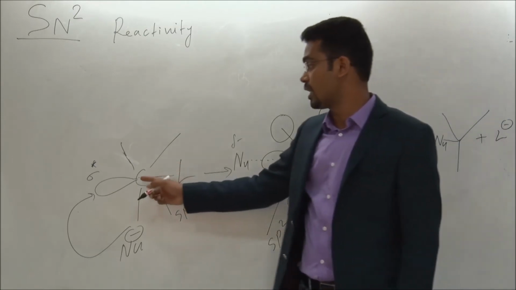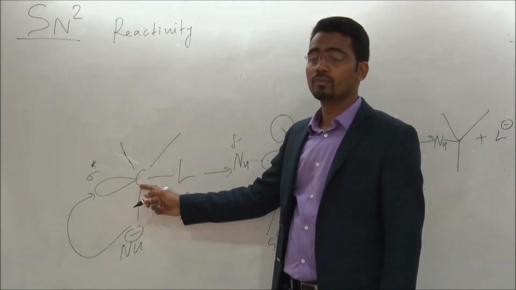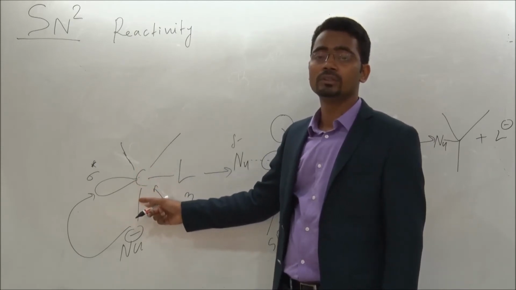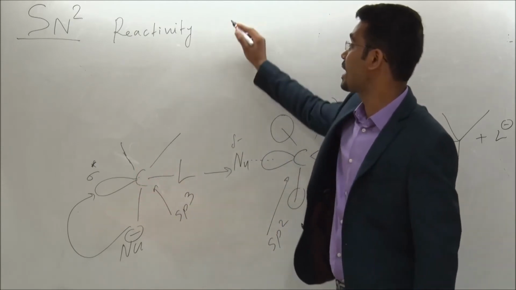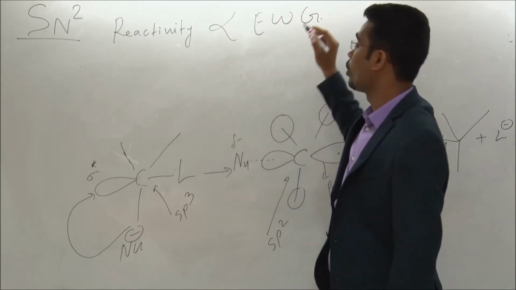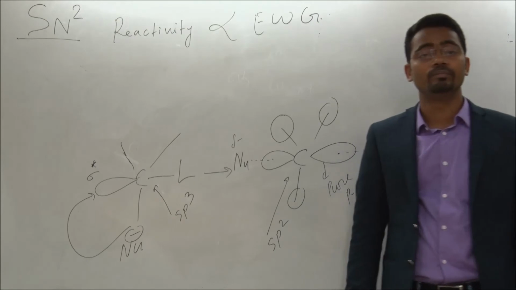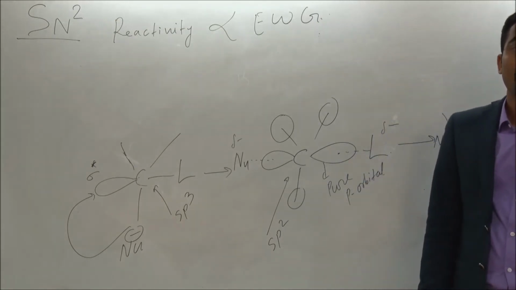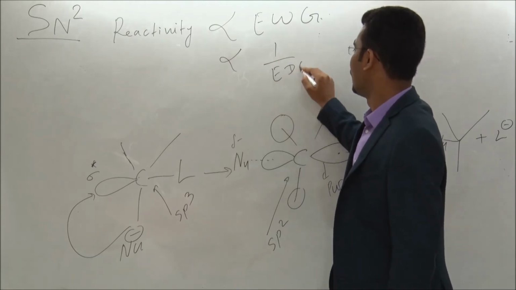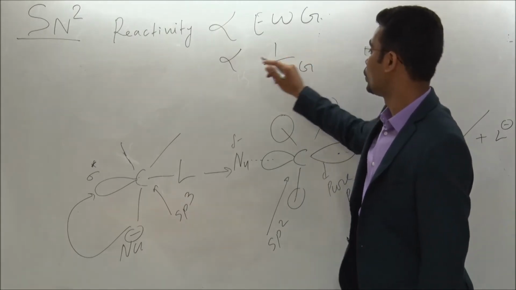When will it be more electrophilic? If electron withdrawing groups are attached to it. So you can say reactivity is directly proportional to electron withdrawing group. But you can't say it is inversely proportional to electron donating group. You can't say this.